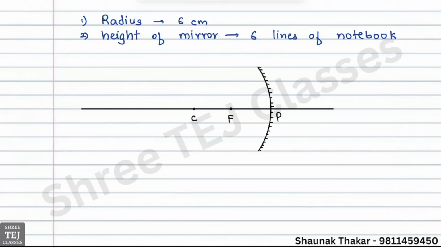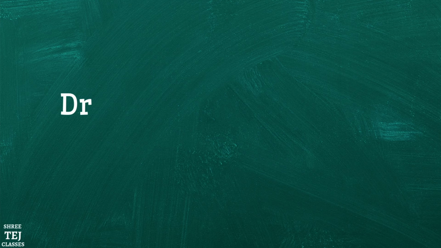If you calculate the focal length, denoted by f, the formula is R upon 2, that is, the focal length is half of the radius, and it should come out to be 3 centimeter. This way the ray diagrams you draw will be neat and proper and easy to understand. Practice this, and now let us look at the rules for drawing ray diagrams.